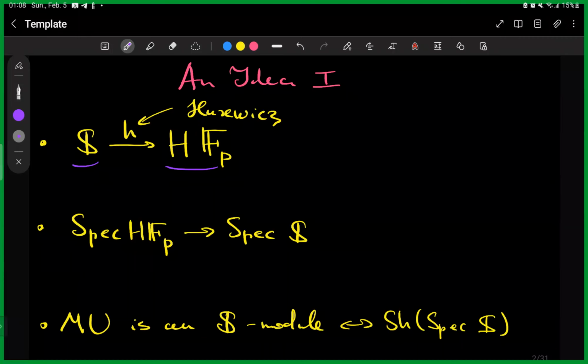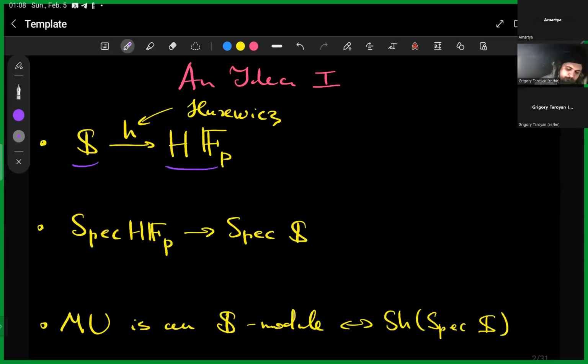Then obviously MU, as is any other ring spectrum, or any other spectrum for that matter, is an S-module, which means that it can be considered as a sheaf on this spectrum of the sphere spectrum.